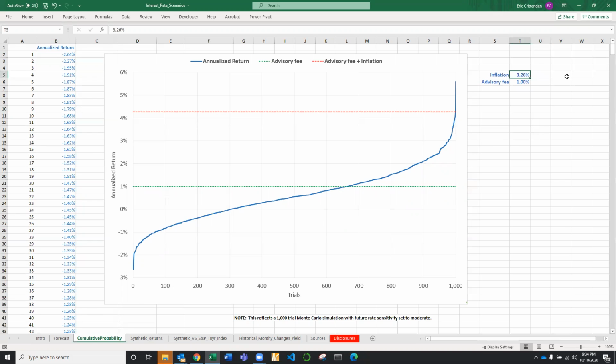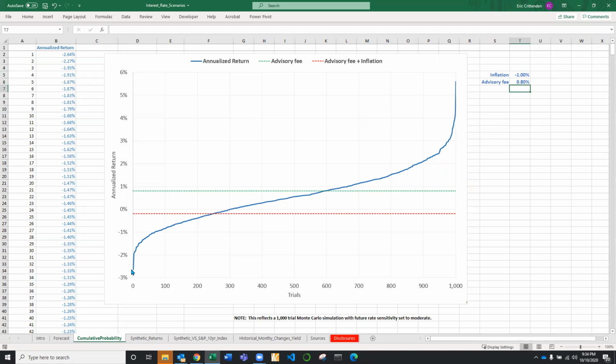However, things look different if you're in the deflation camp. If you think negative 1%, maybe your advisory fee isn't 1%. Things look different. Again, all you've got to do is work from left to right to get a feel for what those probabilities are. I'm going to go ahead and set this back to where it was.